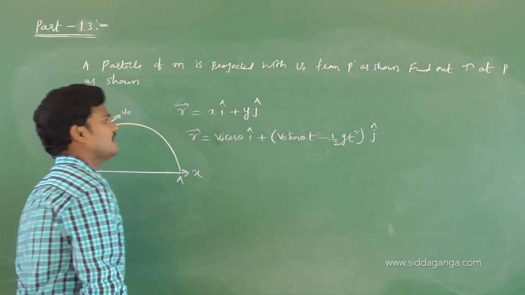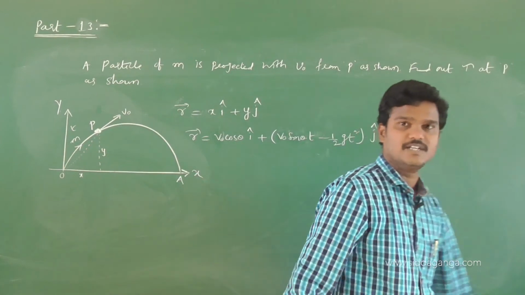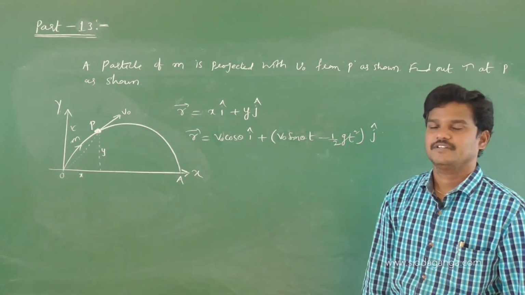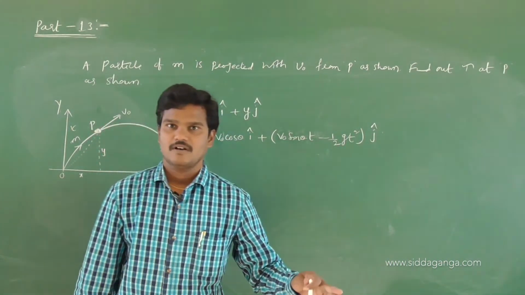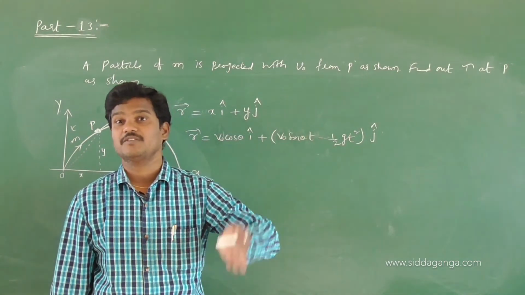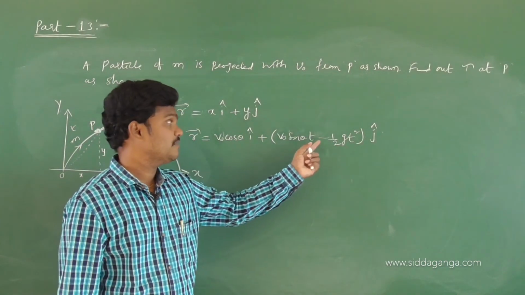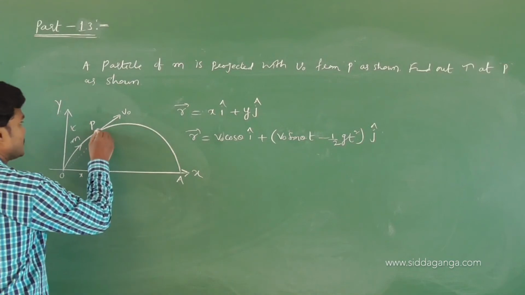See, this is the R component. This I have written from kinematics. Recall the kinematics: u cos theta i cap, and the y component means ut minus half a t square, where u is the vertical component, v naught sin theta into t minus half g t square. See, this is resolved into two components.